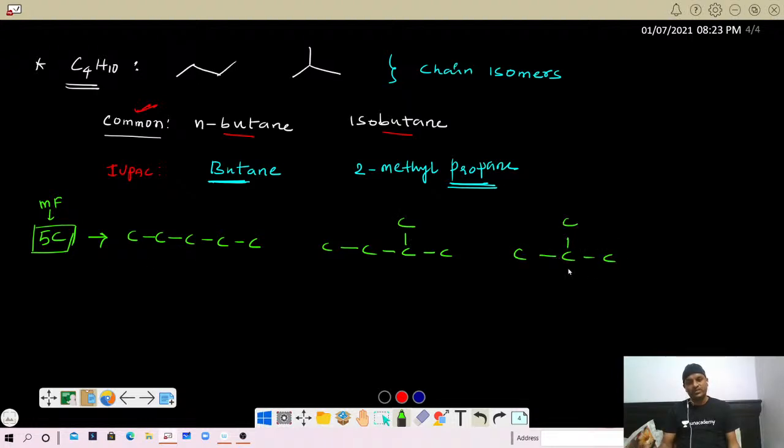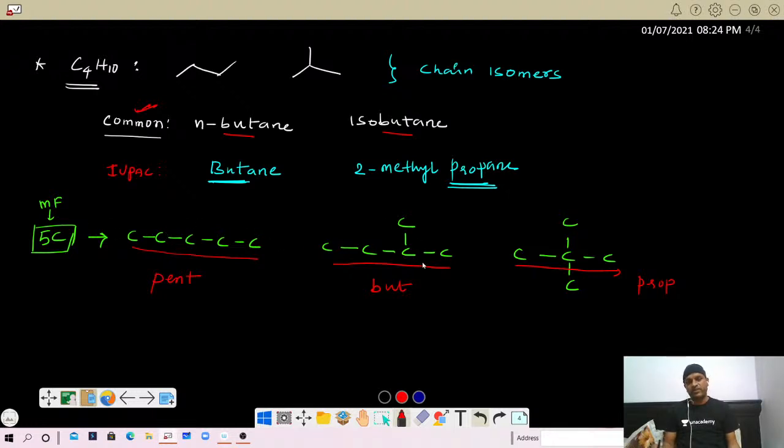We can make 2 branches here, right? Now this root word is pent, this root word is but, and here the root word is prop. Overall, in each compound there are 5 carbons.